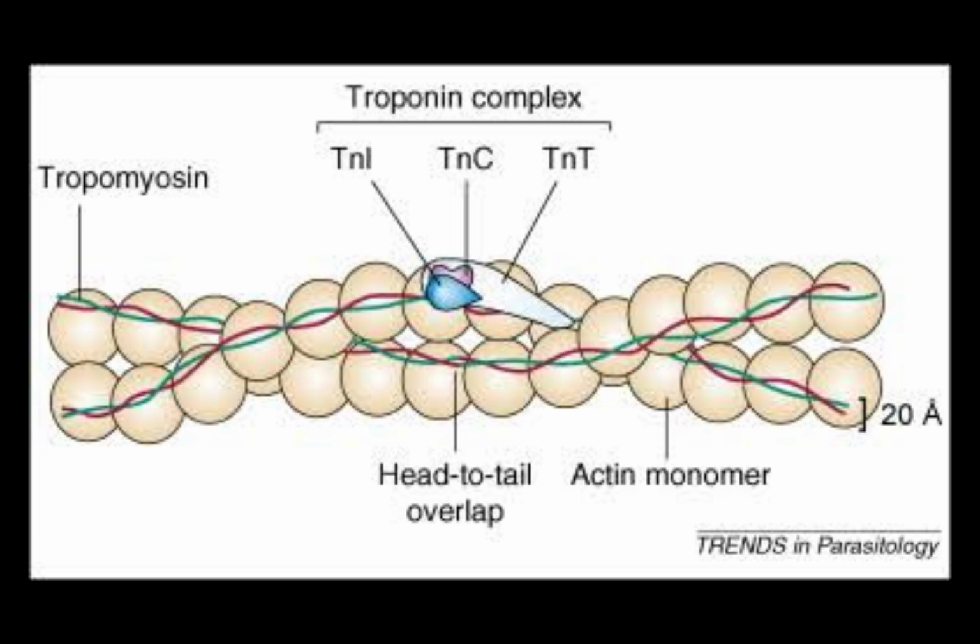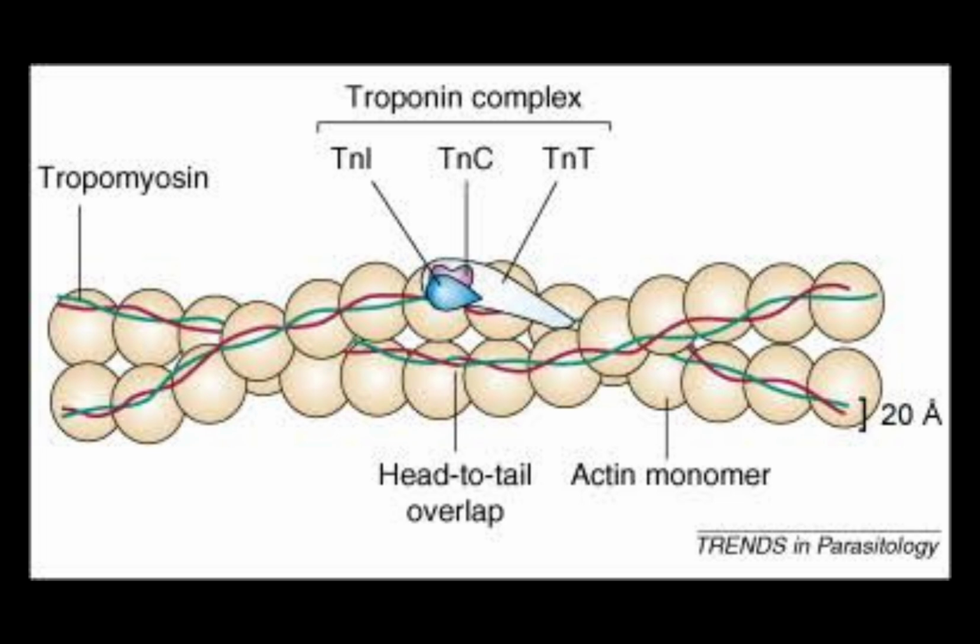Now, troponin T is attached to tropomyosin, and troponin I inhibits the actin filament from interacting with the myosin filament, and thus it inhibits the contraction of muscle when it is in the relaxed phase. So it prevents the unwanted joining of actin filament with myosin filament. Then troponin C binds with calcium.